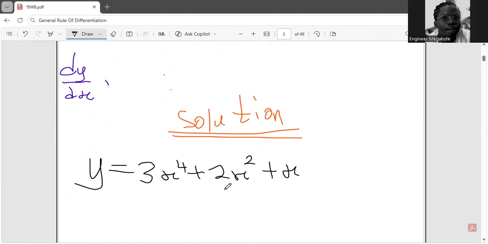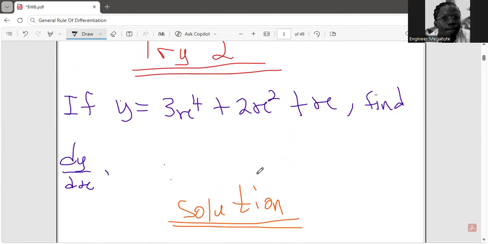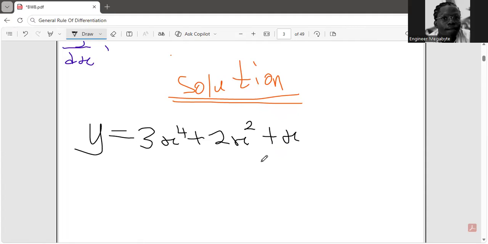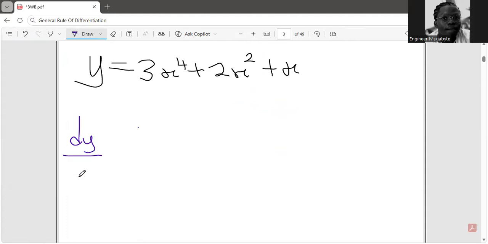If you have such a question, how will you go about differentiating it? After repeating the question and getting your 1 mark, just as you have been doing, we write dy/dx and continue to differentiate. So dy/dx is going to be equal to, this 4 will multiply the coefficient, so we have 4 times 3, x exponent 4 minus 1.